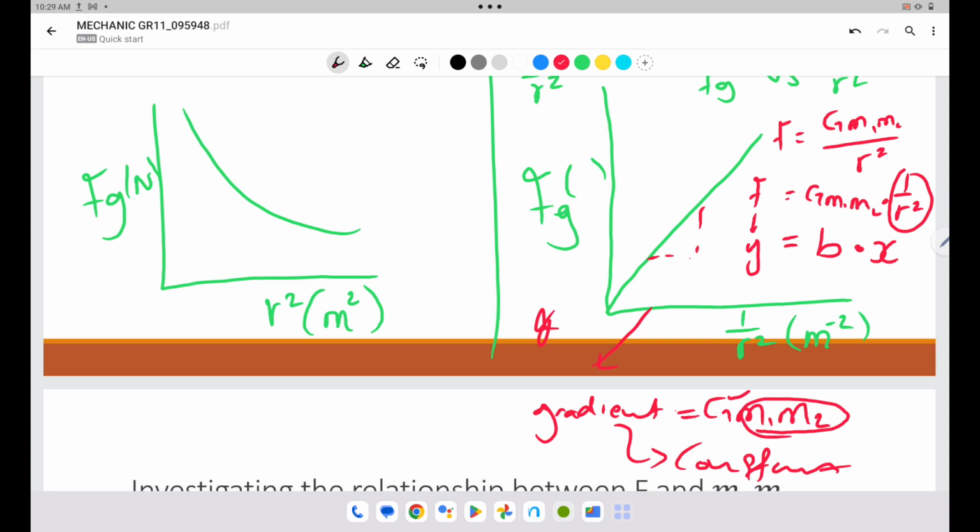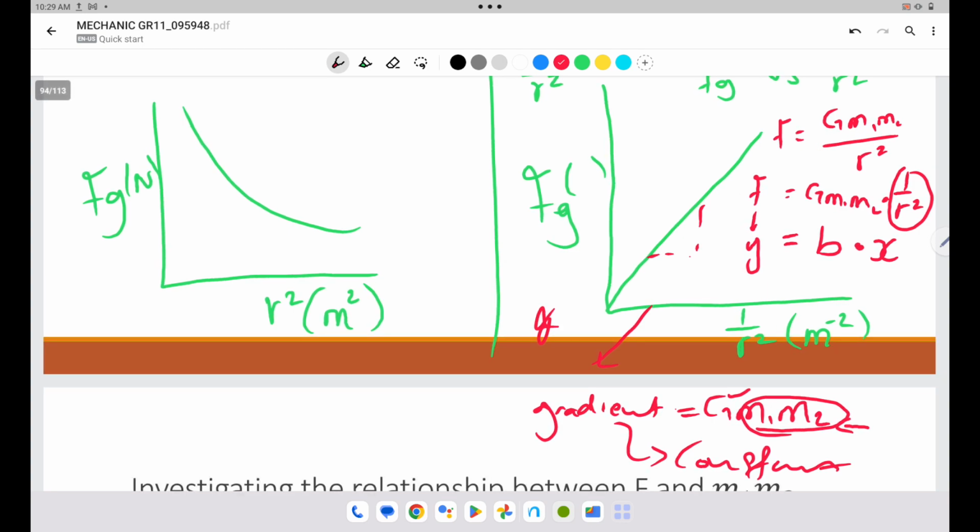We need to ensure that we keep the product of the masses a constant so that it does not interfere with this investigation to figure out the relationship between gravitational force and the distance. So if we were to carry out an investigation, because we need to keep m1 m2 the product a constant, it means this will be our controlled variable. Remember what a controlled variable is. A controlled variable is a variable that is kept constant.